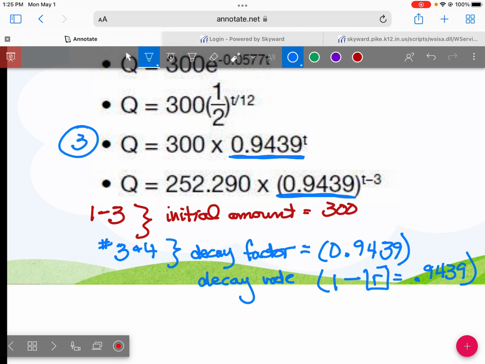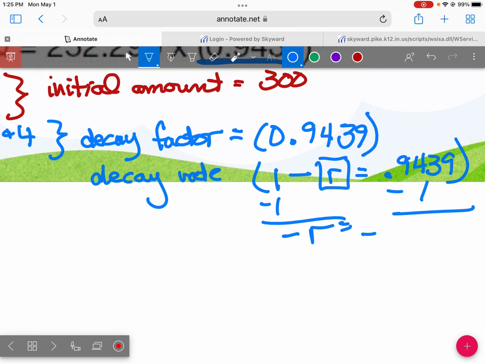So to solve for R, you can subtract 1, and then negative R gives you 1 minus 0.9439, which is 0.0561.